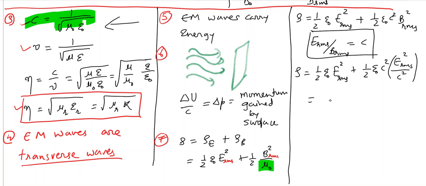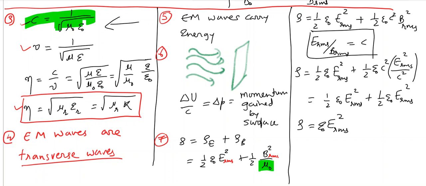I end up with half epsilon 0 E RMS square plus half epsilon 0 E RMS square, and that is ultimately epsilon 0 E RMS square. This is the energy density of any electromagnetic wave.